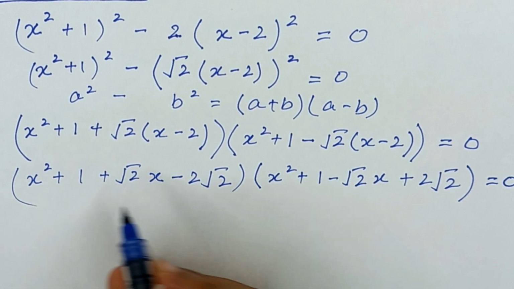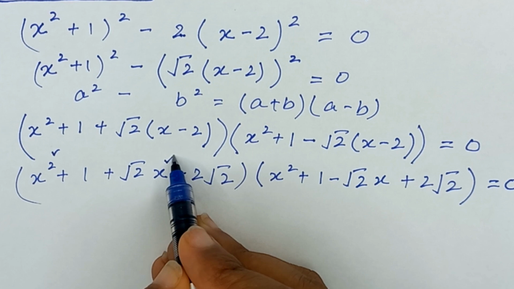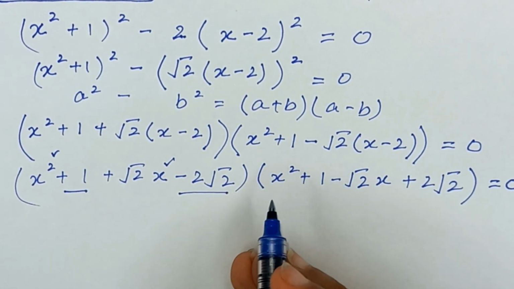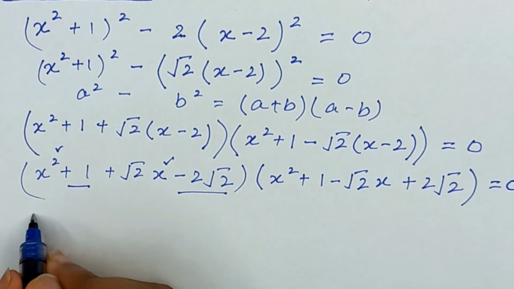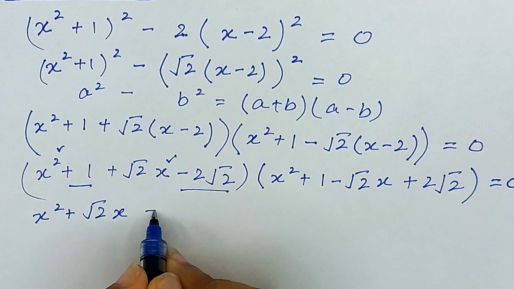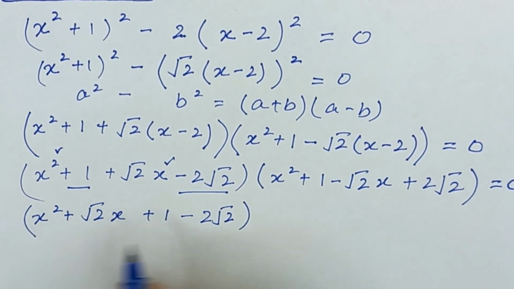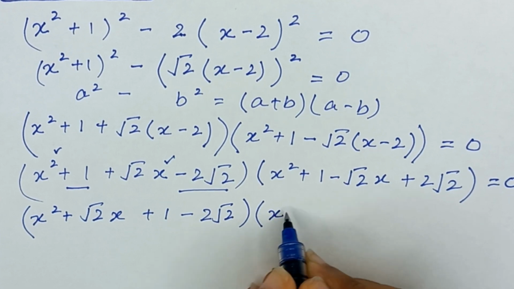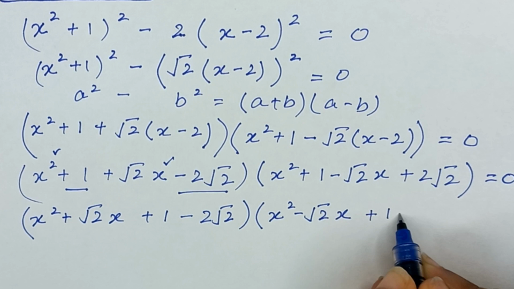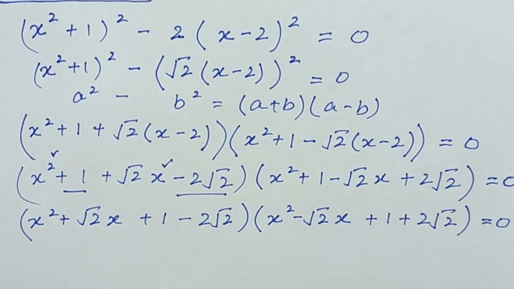Now you can see that it is the form of a quadratic equation because here we have x square, here we have x, and this plus 1 and negative 2 square root of 2 is our constant. So rearrange this equation as x square plus square root of 2 times x plus 1 minus 2 square root of 2, and x square minus square root of 2 times x plus 1 plus 2 square root of 2, and it will be equal to 0.